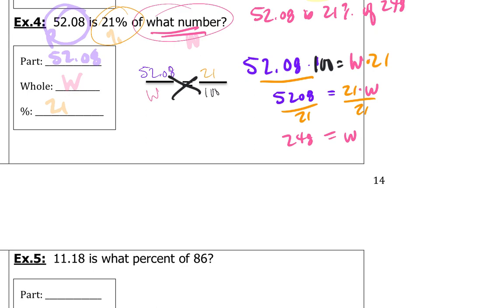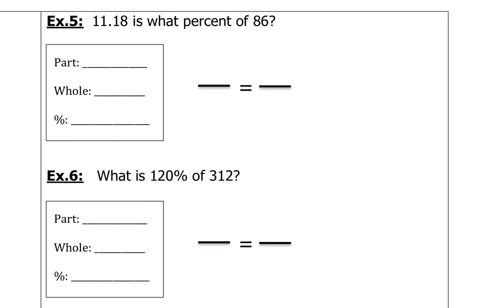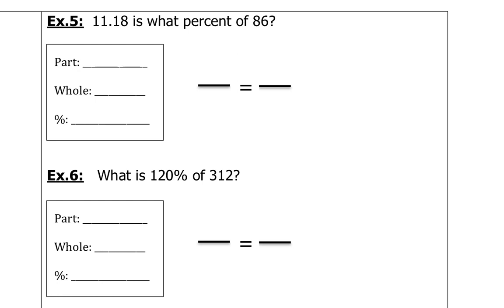Okay, so go ahead, try these two. Go. Set up, label it, circle, label, part, whole, and percent. Set up the proportion, solve it. Hit pause, go ahead and circle the parts, put them in their place, set up the proportion, and solve it. Good luck.